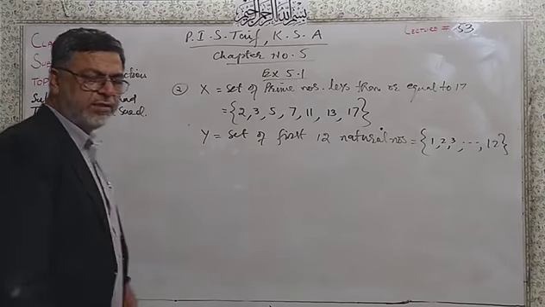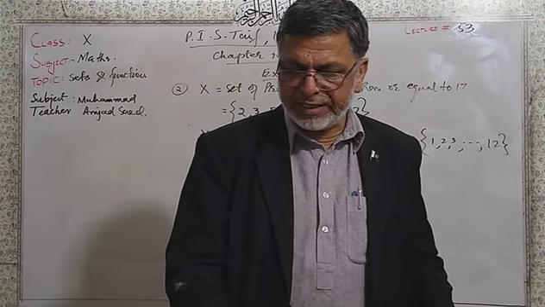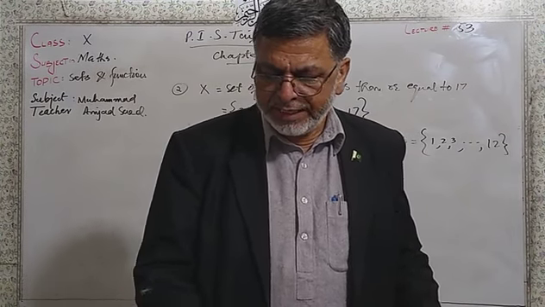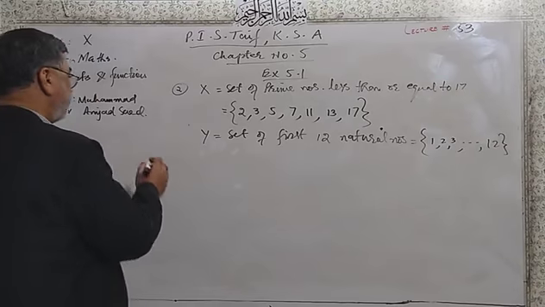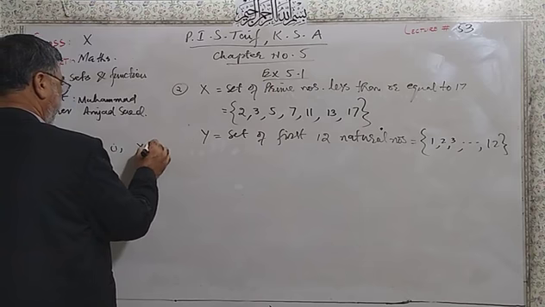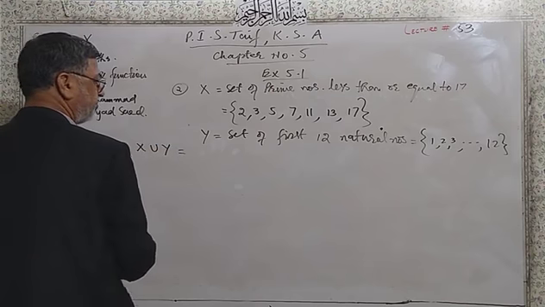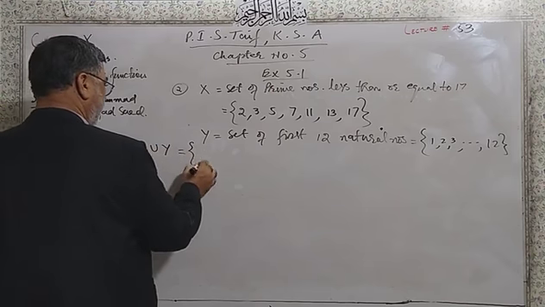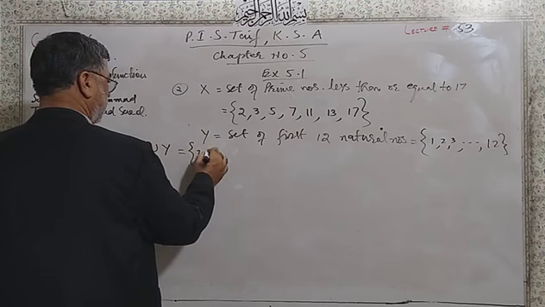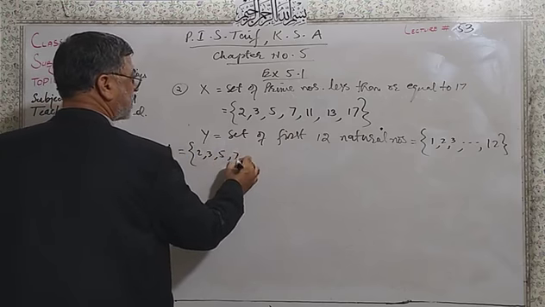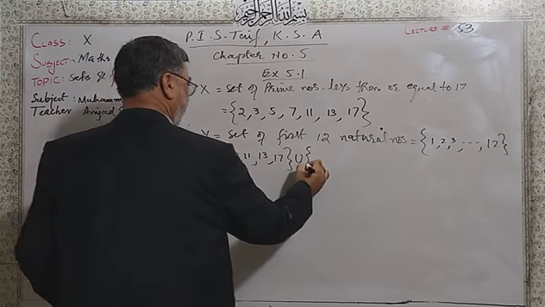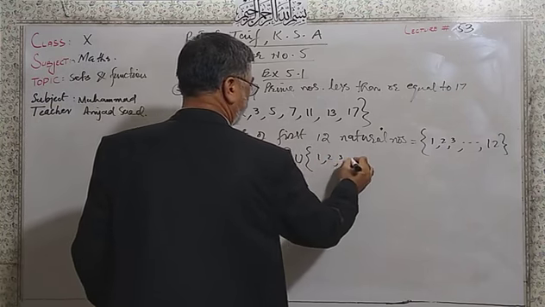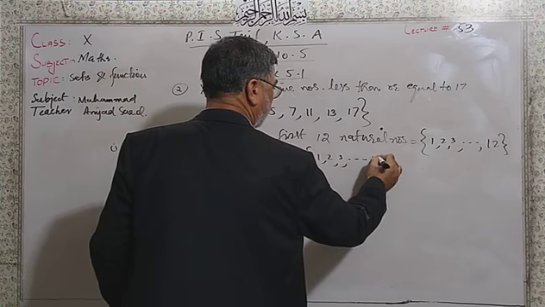Dear students, the first part and the fourth part ask for X union Y. Part number 1 is X union Y. What will be the value of X? 2, 3, 5, 7, 11, 13 and 17. Y is 1, 2, 3 up to 12.